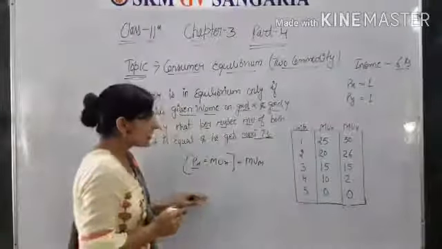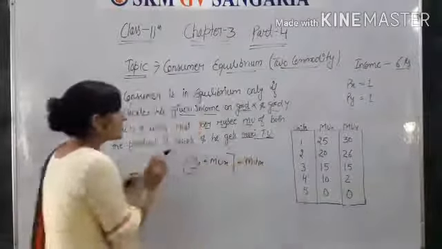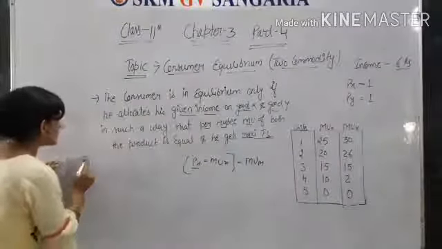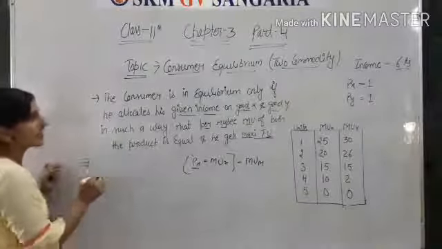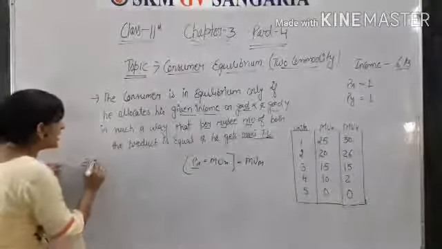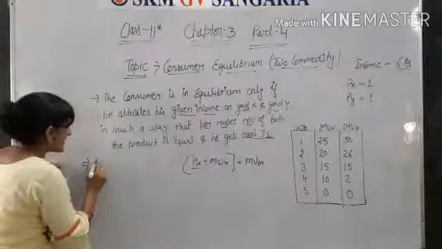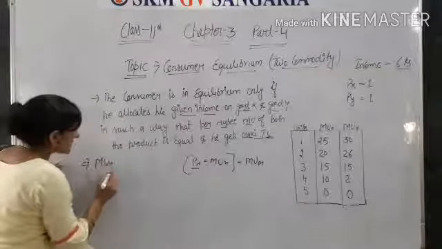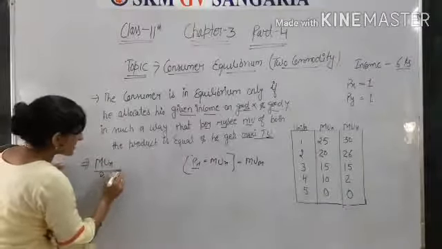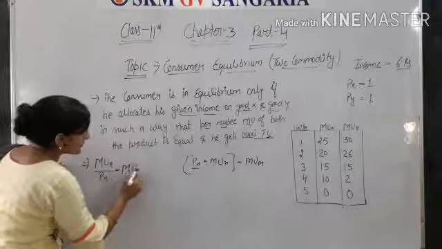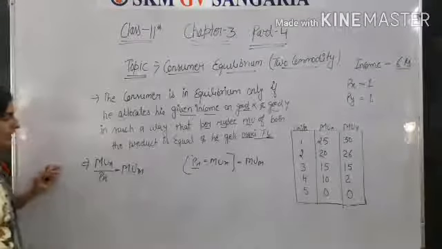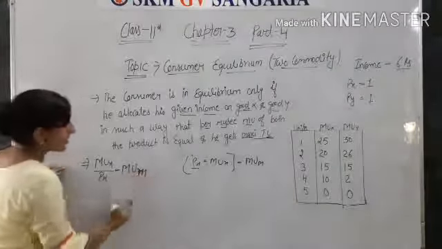So there are two main conditions of consumer equilibrium in case of two commodities. The first is that MUx upon Px is equal to MUm, marginal utility of money.